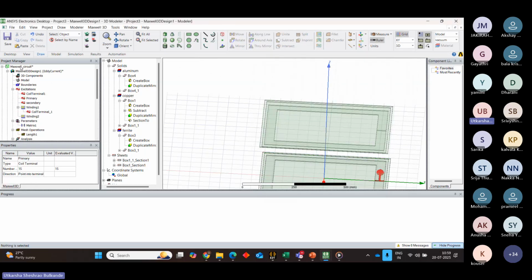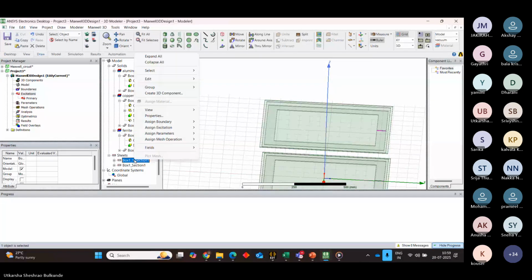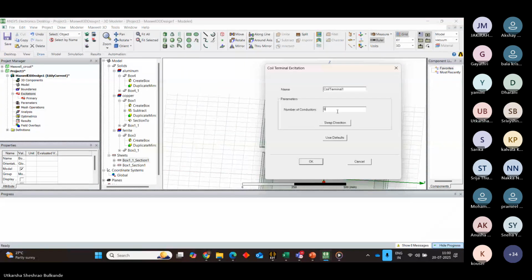Let's just close this circuit so that we will not get confused. Assign excitation, coil terminal, 15. This is secondary. Now, what is the next step?